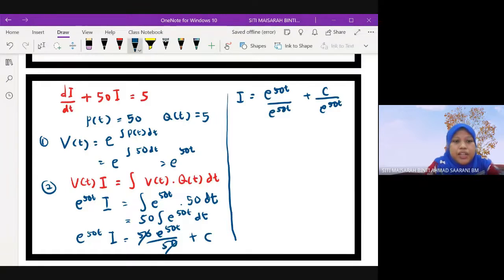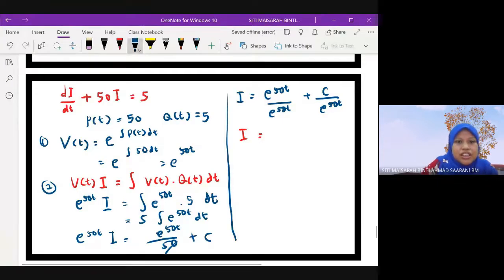So ini nak jadikan I sebagai subjek, kena pindahkan E kuasa 50T ke sebelah kanan. Ini darab, so dia akan jadi bahagi. That's why kita bahagi kat sini. Oh ni salah, sorry. Q T ni 5 bukan 50. Tak betul ni.